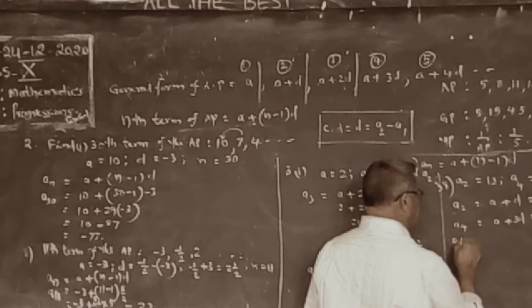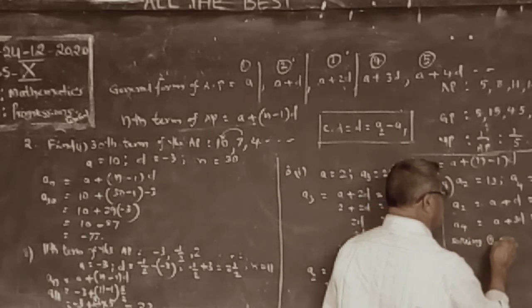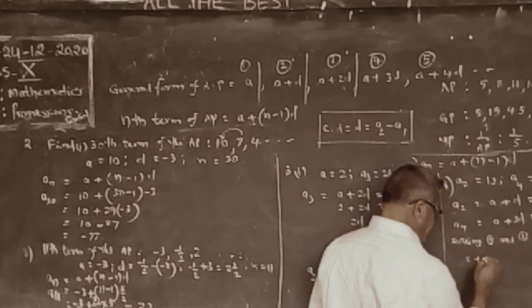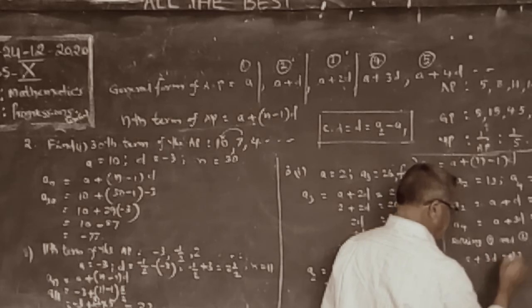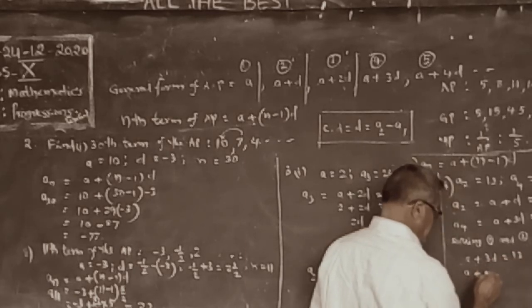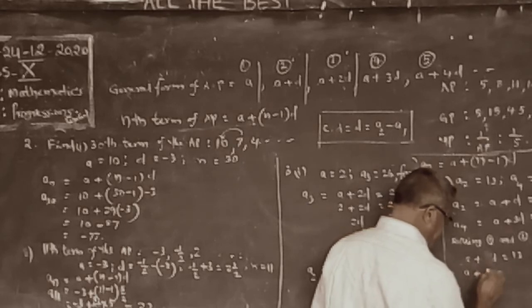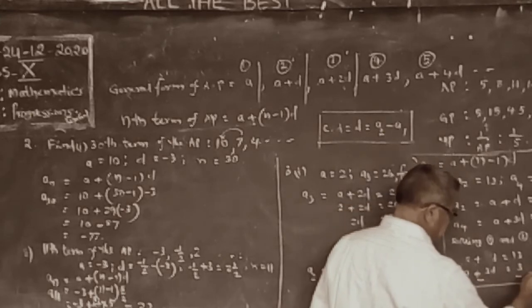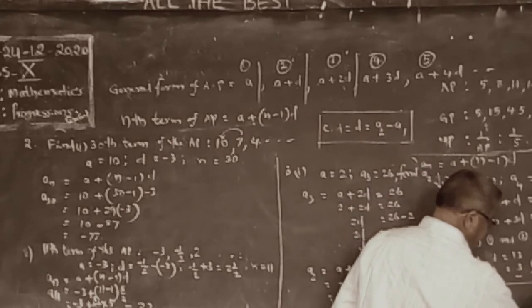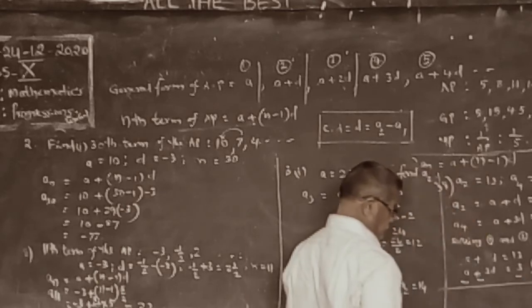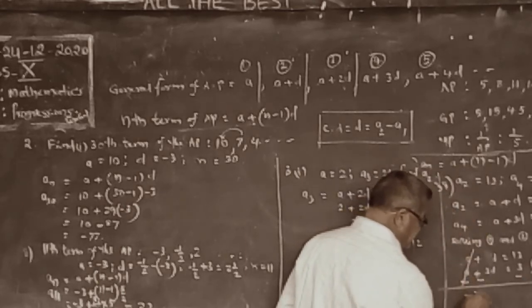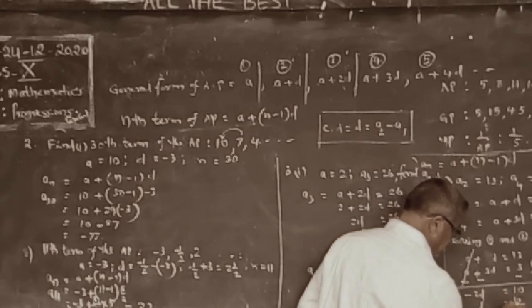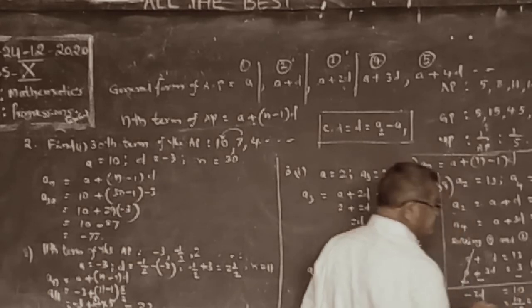Solving 1 and 2 by elimination method. A plus D is equal to 13 and A plus 3D is equal to 3. Subtracting, A cancels. Minus 2D is equal to 10. D is equal to 10 by minus 2, that is minus 5.